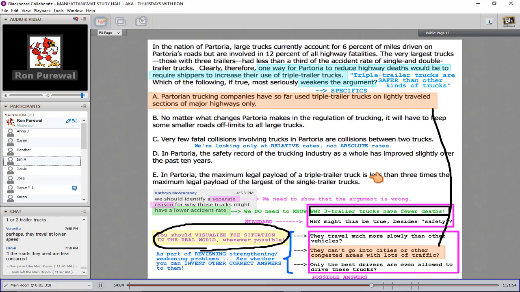And then E, there's no reason why a lighter load in a truck would have anything to do with fatality. So there's no reason to think that this would have any direct relationship to that. So we have correct answer, irrelevant, irrelevant, irrelevant, irrelevant. Again, when you review the problem, make sure you get to that point too. Black, white, white, white, white.